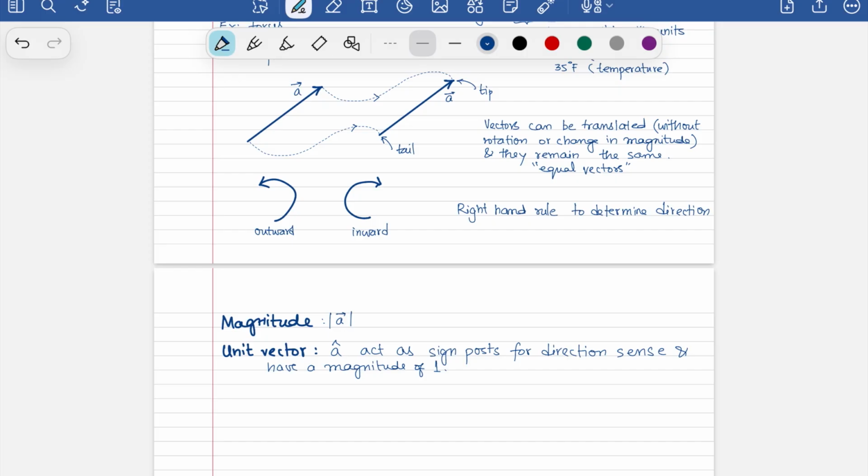So, for example, you could think of talking about the northward direction. That is only defining a direction. It's not really telling you a magnitude. So, if you were to say that you have to go 8 miles north, now that has both magnitude and direction, and that can be represented as a vector.